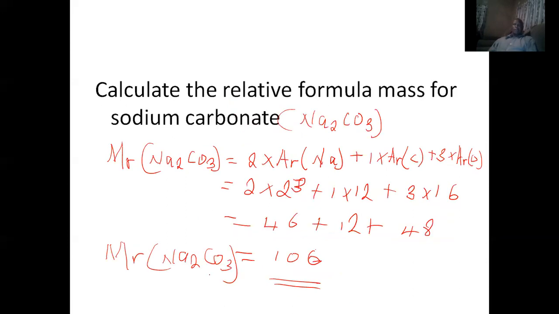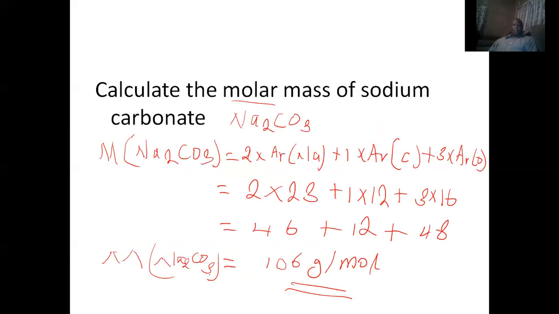As we saw, the relative formula mass has no units, which is the same as relative molecular mass of a substance, while the molar mass has units, grams per mole. This is very important because as we'll be doing calculations, we need to express these in appropriate units.